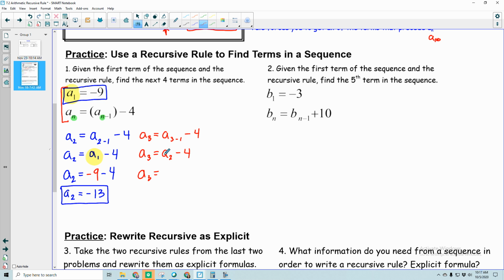And guess what? We know what the second term in the sequence is. A sub 2, the second term in the sequence, is negative 13. So I'm going to plug in negative 13 for a sub 2. Then I get the third term in the sequence, which is negative 17.